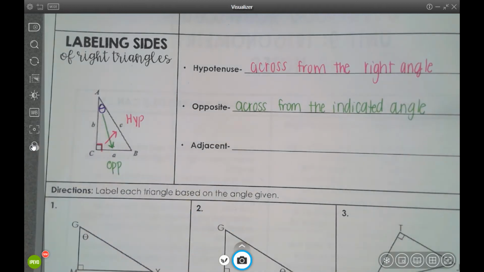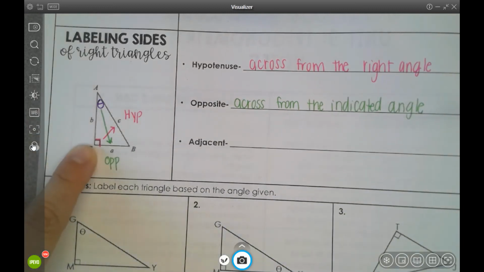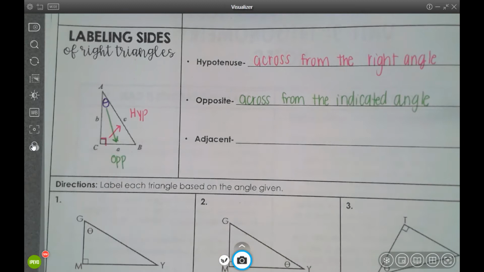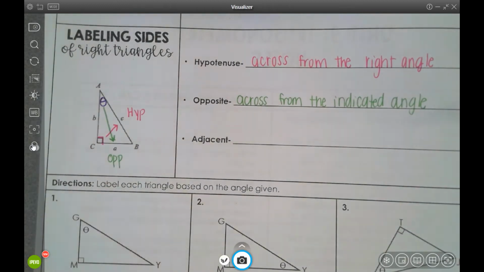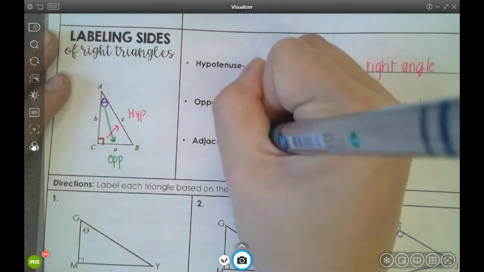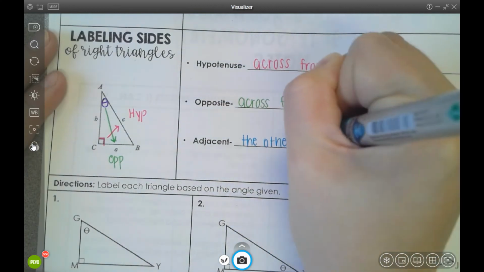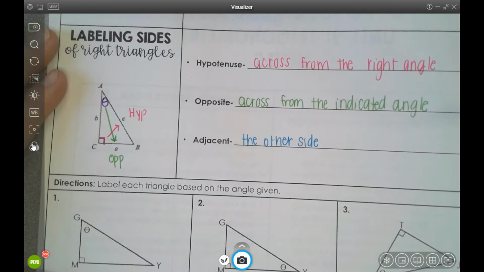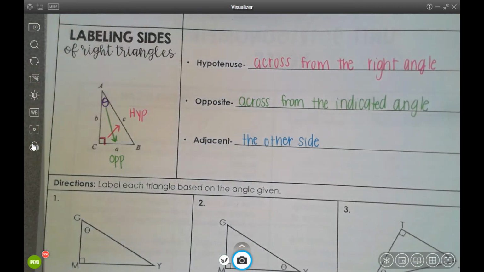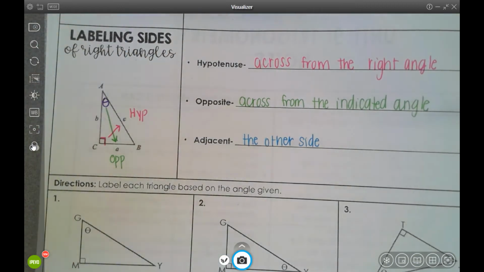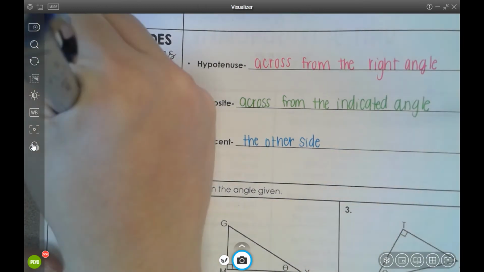So it just depends. It could be either way. Your hypotenuse doesn't change. Your indicated angle will never be the right angle, so it'll always be one of the other two. And then the adjacent, that's just the other side. So if you label the hypotenuse and the opposite, you just know the other one is the adjacent.